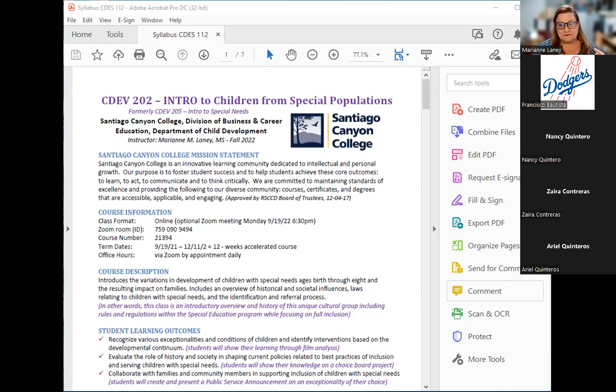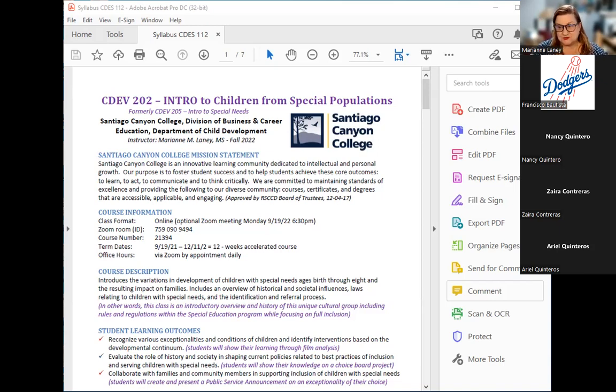206 is curriculum for children with special needs. Again, we say special populations now because it's a little bit more inclusive. And then 207 is coordinating care. So parents, teachers, paraprofessionals, therapists, SLPs, making sure everybody's on the same team. I can teach those 206, 207, and then 202, 203, but we have a phenomenal teacher who does it, Darcy Cass.